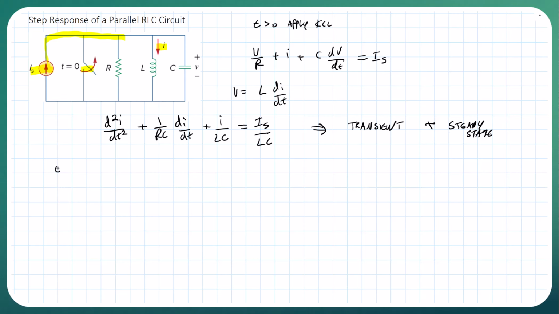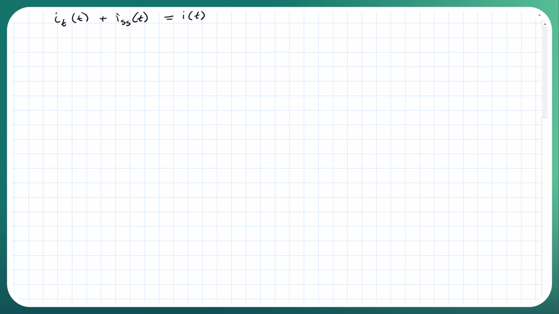So let's define our I of t for transient, and ISS for our steady state, and our total is just going to be the addition of these two. So we add these, we get our total response. Let's go ahead and write these down, and break it down into the different cases we had.